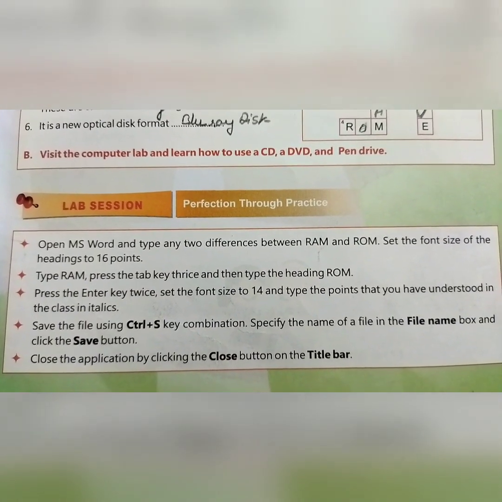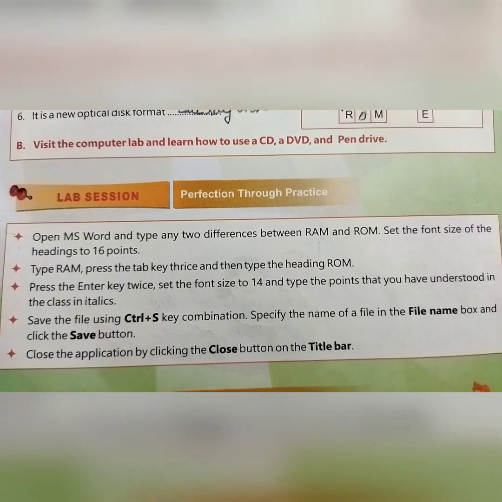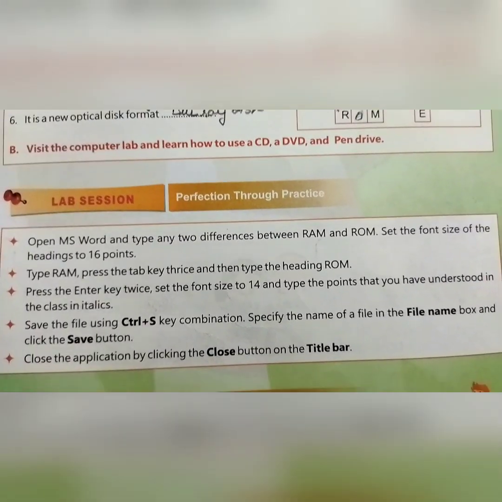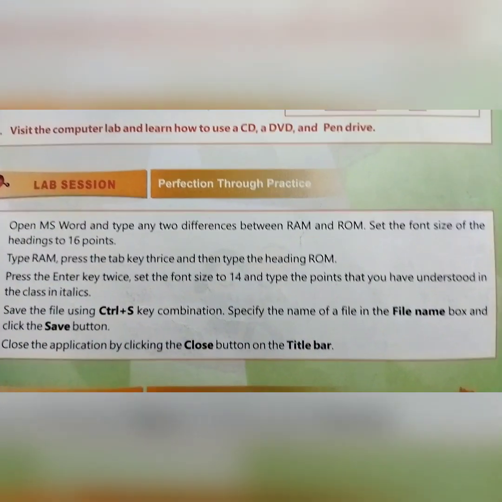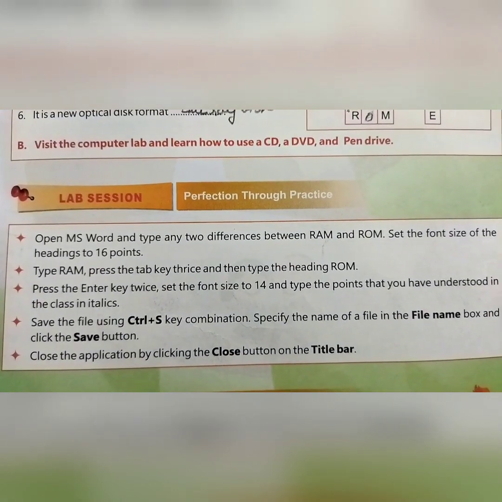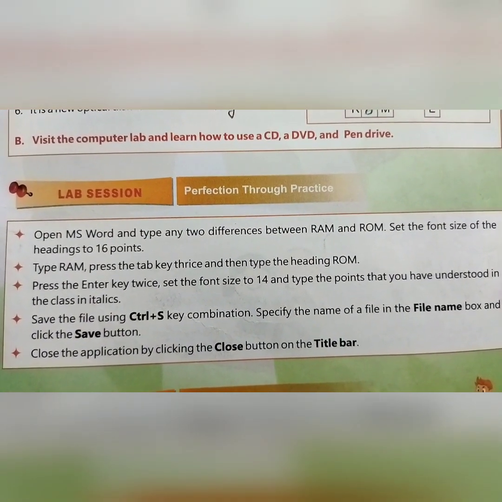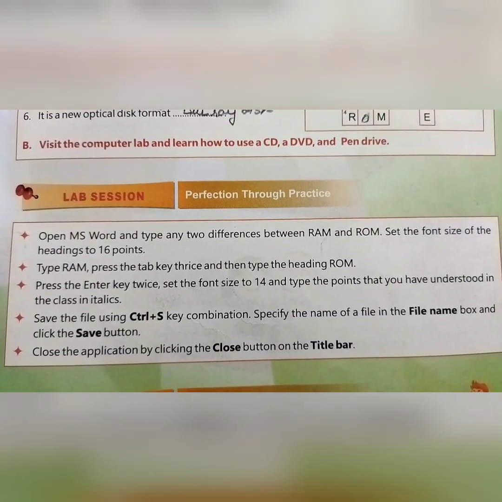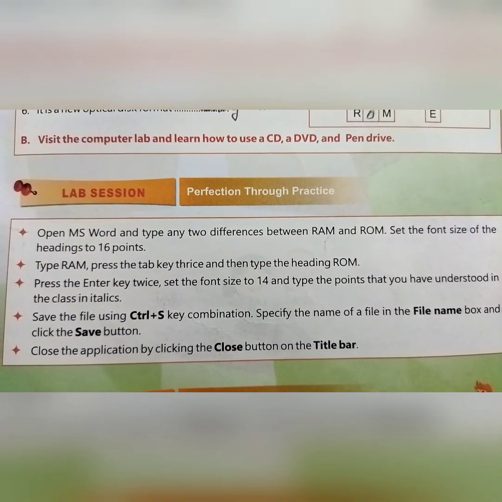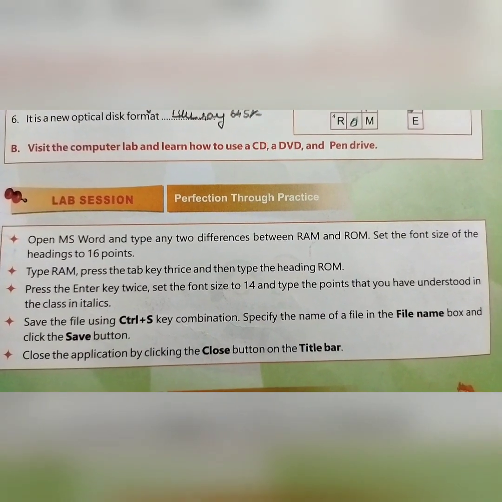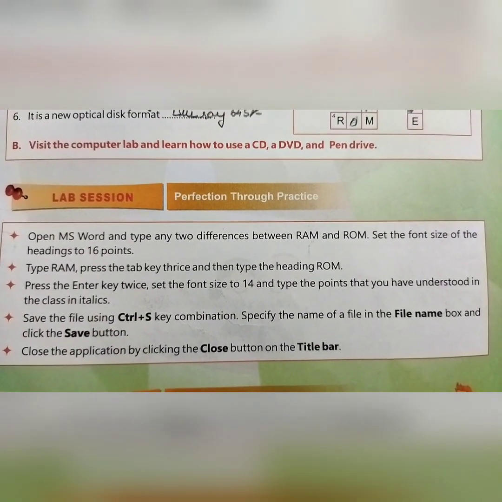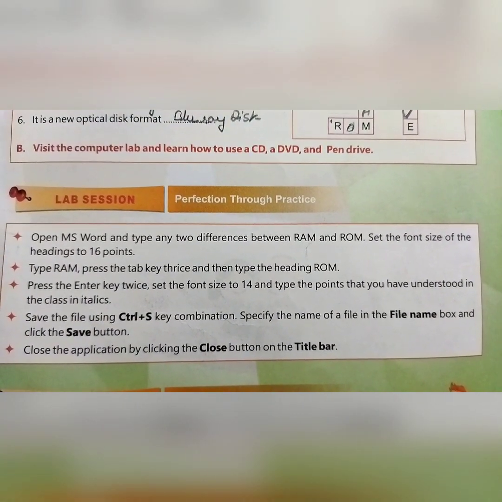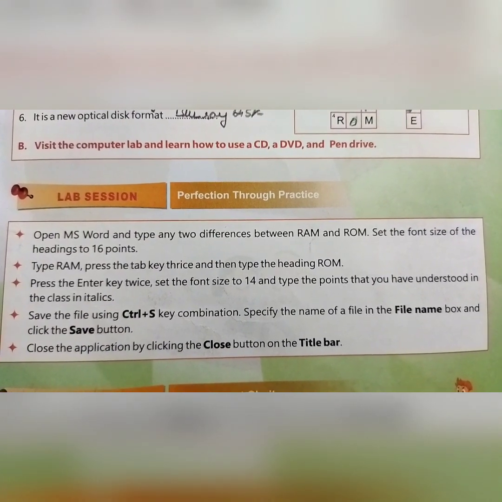Let's see a lab session activity. Open MS Word and type any two differences between RAM and ROM. Set the font size of the heading to 16 points. Second, type RAM. Press the tab key thrice and then type the heading ROM. Press the enter key twice, set the font size to 14 and type the points that you have understood in the class in italics.